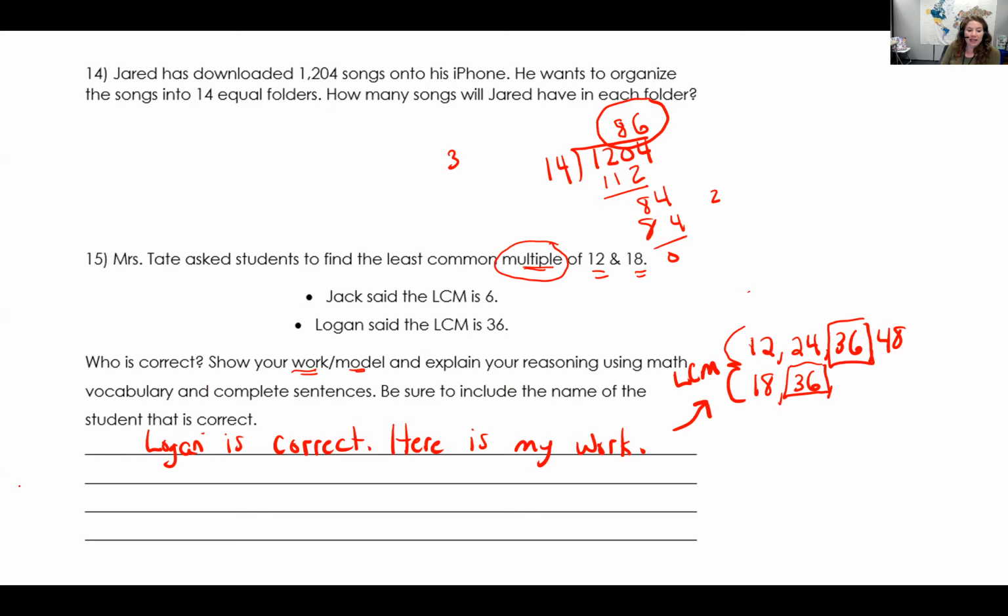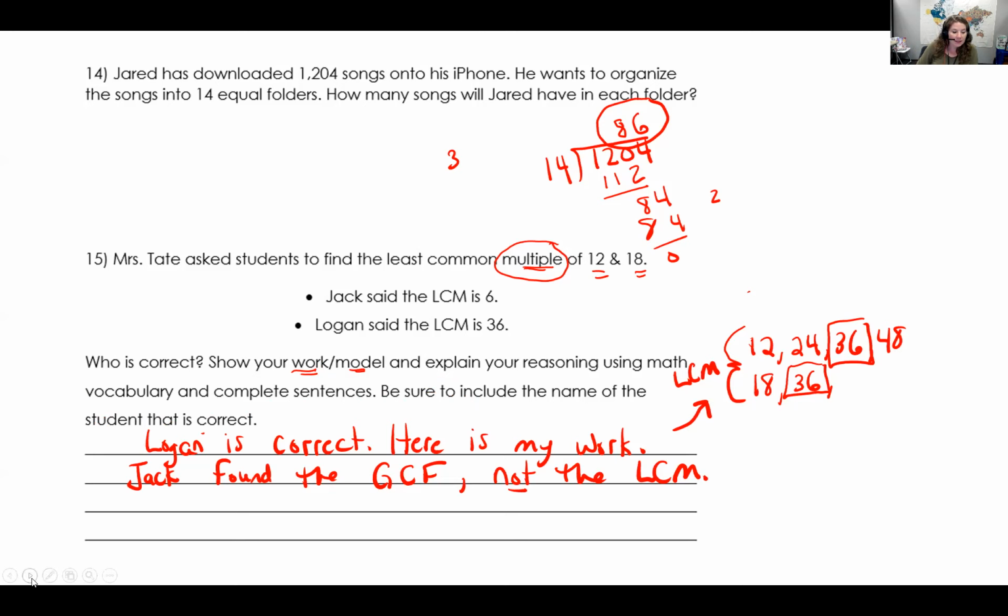And then I'm going to say, Jack found the greatest common factor, not the least common multiple. Okay, so I answered the question, who is correct? I said Logan is correct, and I showed my work. Be sure to include the name of the student that is correct, and I did do that.